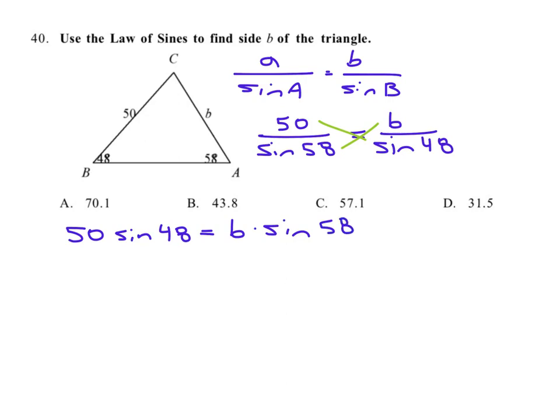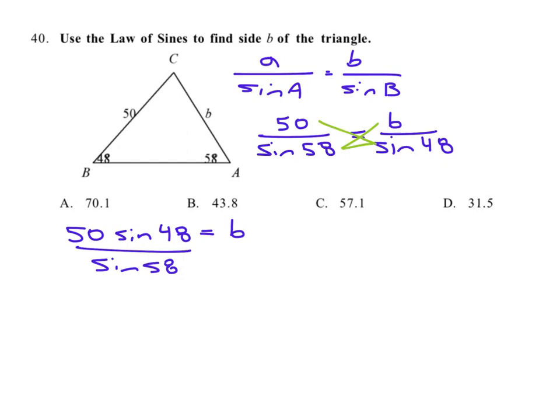And then, of course, we're going to divide both sides by the sine of 58. And since these two cancel out, we essentially get b equaling 50 times sine of 48, that times that, divided by that, equals b. And that's where the picnic table idea comes in, right?